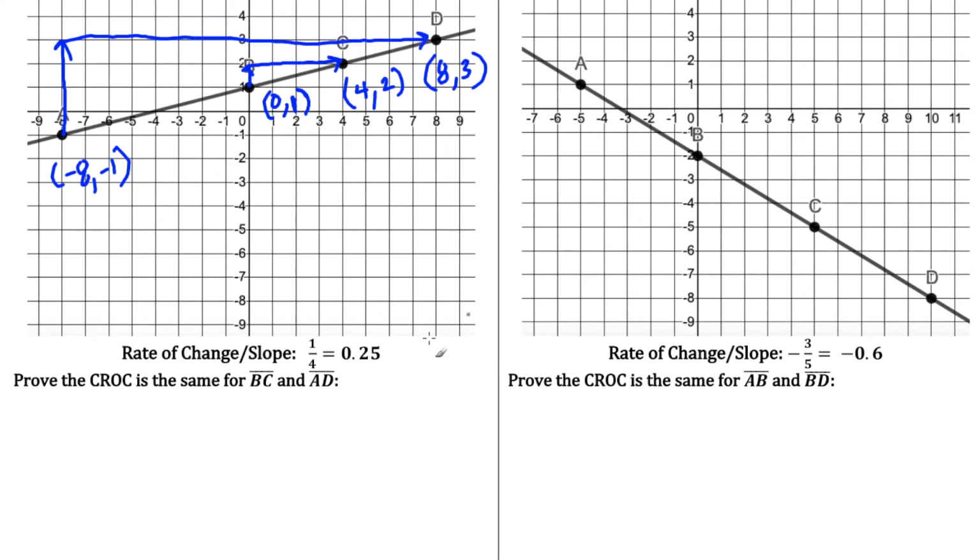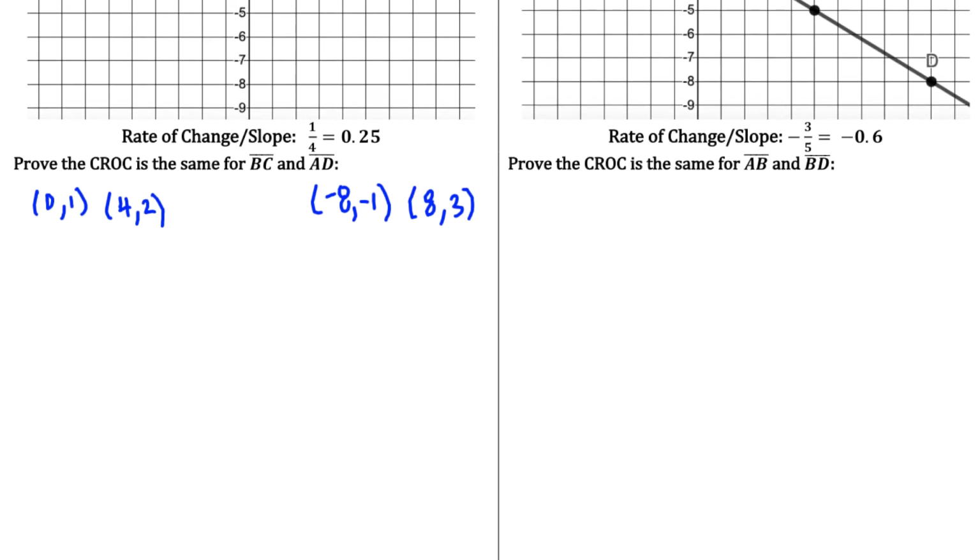All right. So B to C. B is 0, 1. And C is 4, 2. And A is -8, -1. And D is 8, 3.